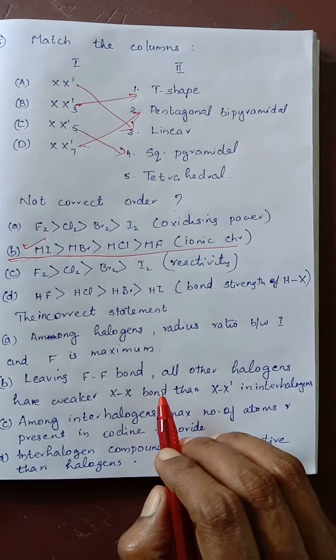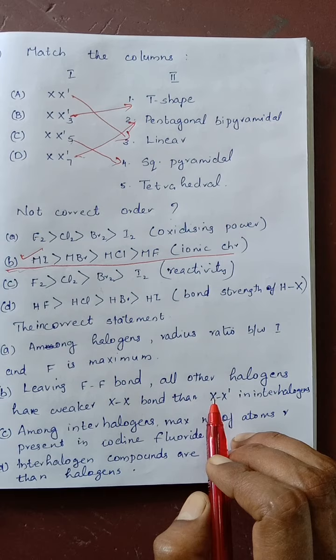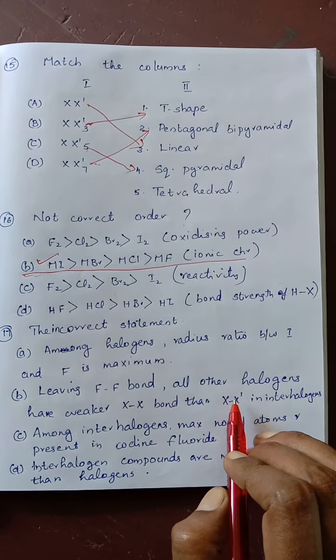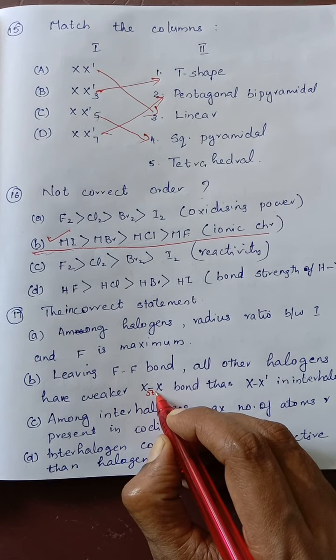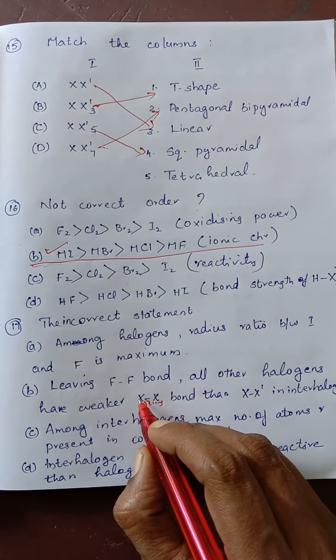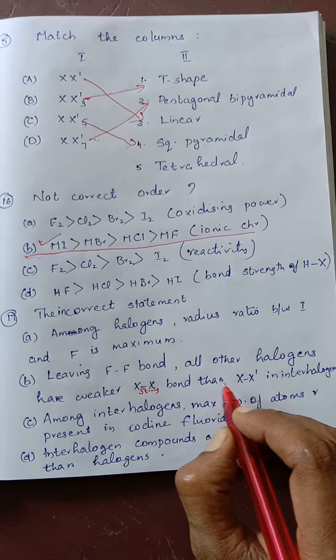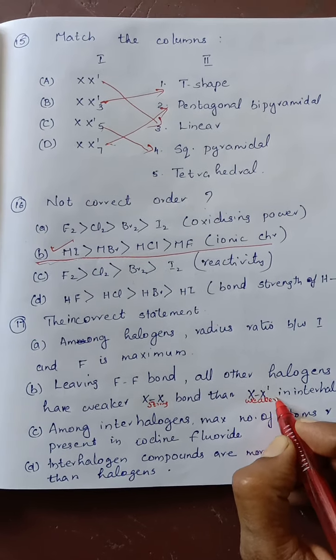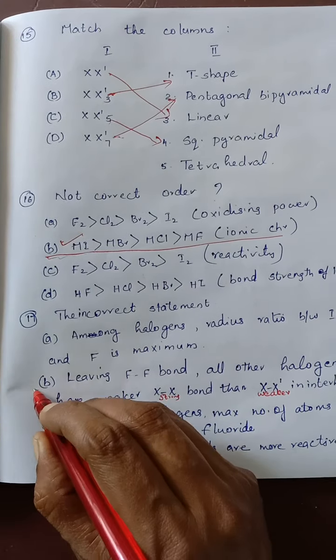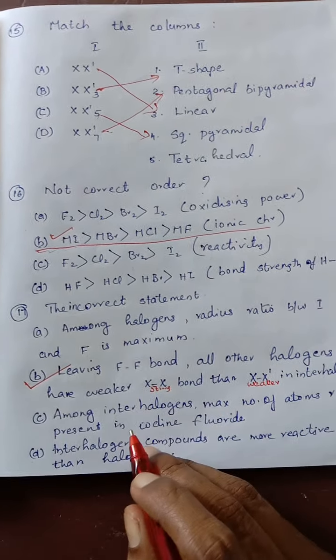This is a wrong statement, because the bond between different halogen atoms is weaker. The bond between the same halogen is stronger. The bond between different halogens is weaker. So this is the incorrect statement.